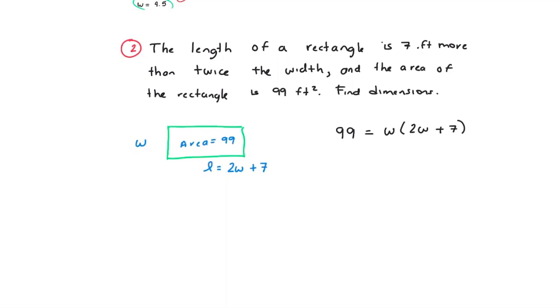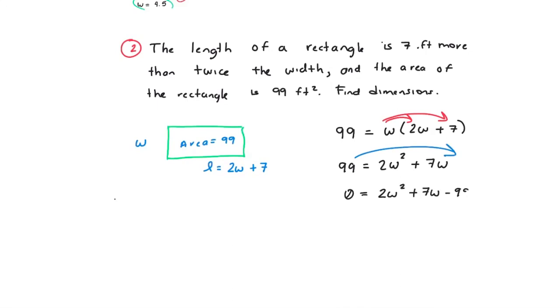And now it's just about me multiplying with distributive property. 99 will be equal to 2w squared plus 7w, and there is the moment in which your quadratic is born. So 0, because I make it equal to 0 by passing the 99 to the other side. 0 is going to be equal to 2w squared plus 7w minus 99.